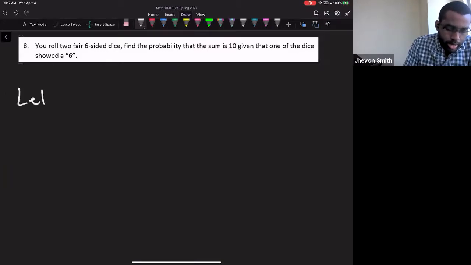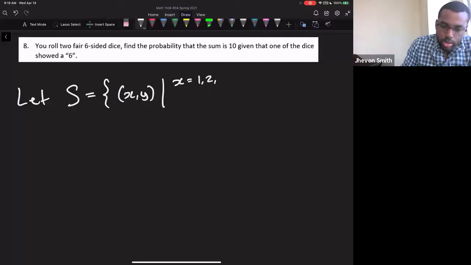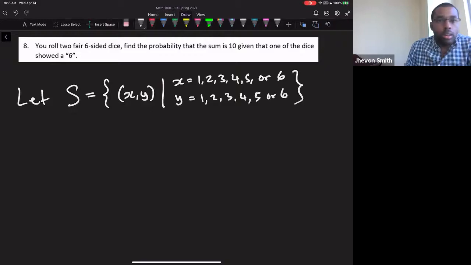Let S be the set of x, y such that x equals 1, 2, 3, 4, 5, or 6, and y equals 1, 2, 3, 4, 5, or 6.